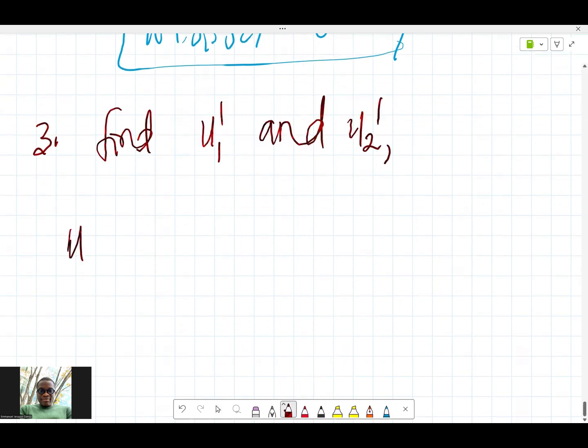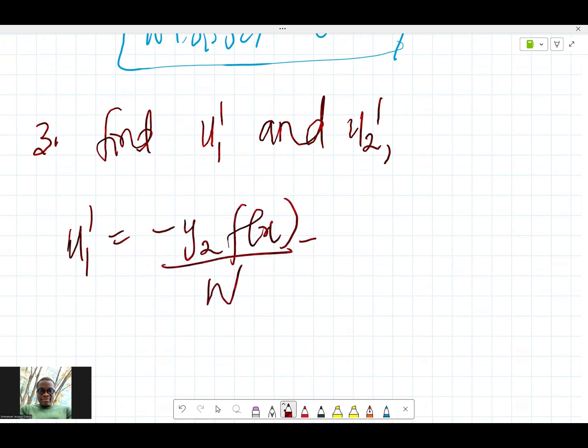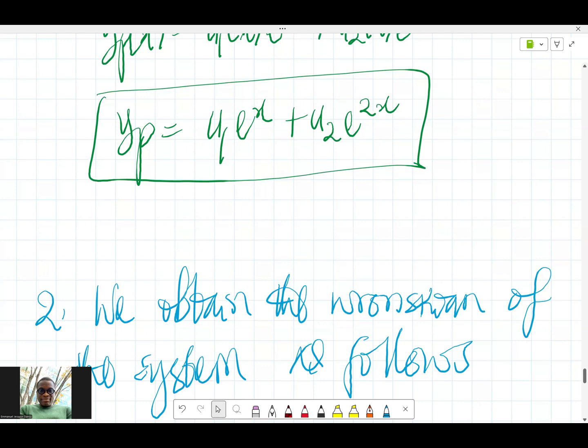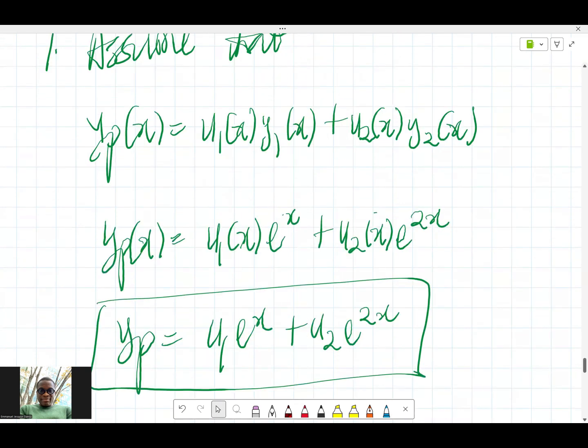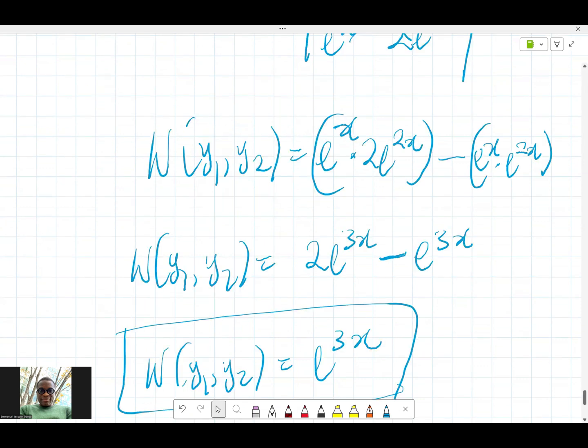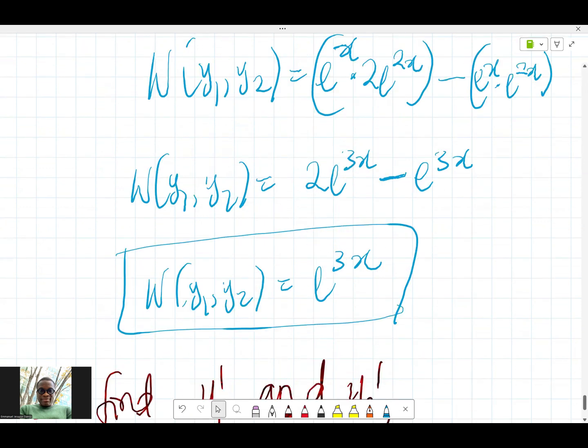So u1 prime is equal to minus y2 f of x all over the Wronskian, and that is simply minus y2. Don't forget y2 is e raised to the power 2x, right? Even from here, we know that y2 is e raised to the power 2x.